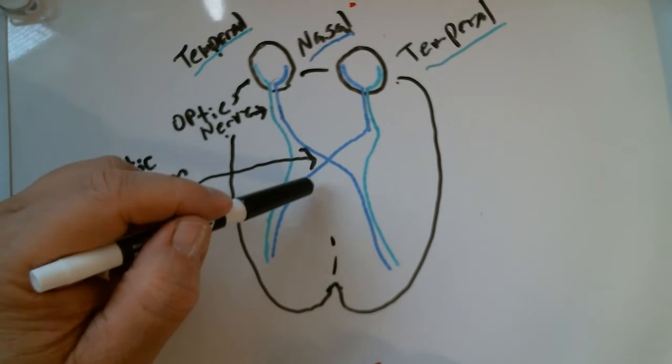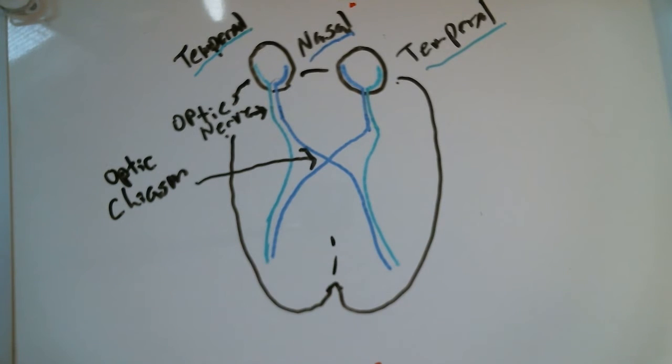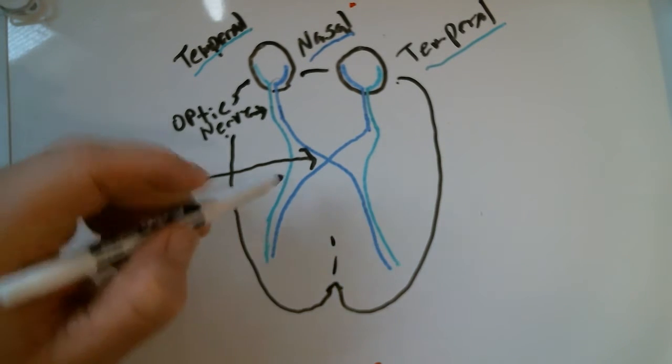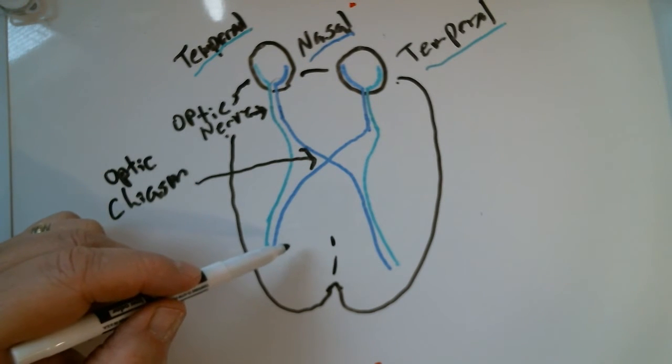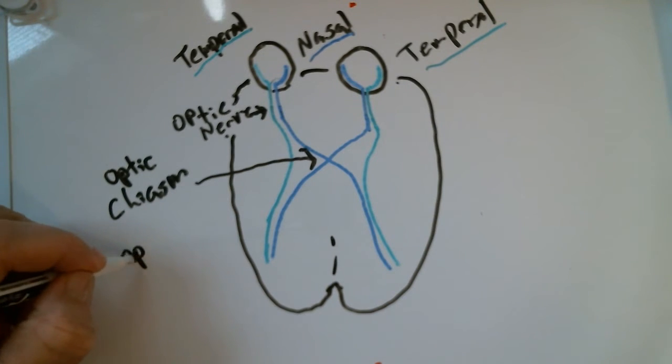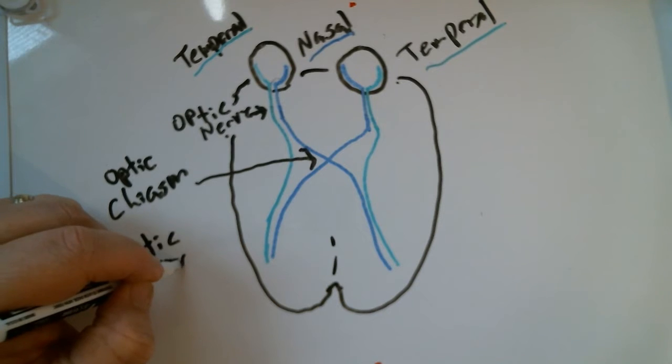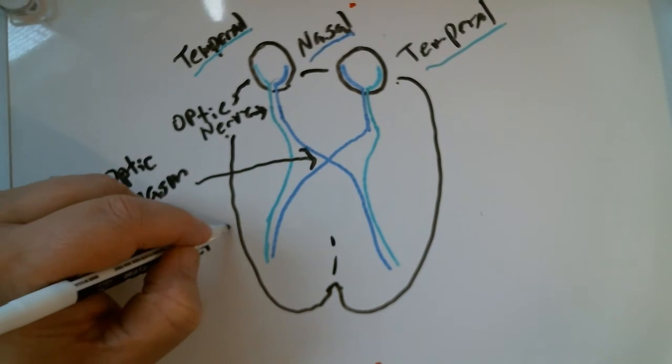And then you notice down here, they're coming back together again and traveling with each other again. Back in that area, it's called the optic tract, and that is posterior to the optic chiasm.